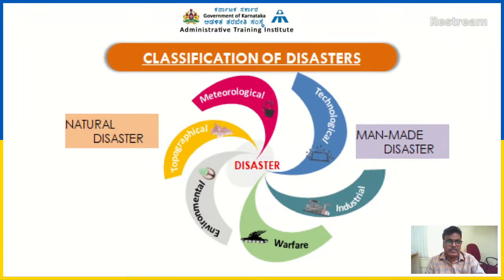Under human-induced disasters, you can say technological and engineering disasters, with industrial and chemical, nuclear, etc. Under warfare, you can say wars between different countries, even terrorist activities, Naxalite activities, etc. That can also be part of human-induced disasters. Let us move to the next one.